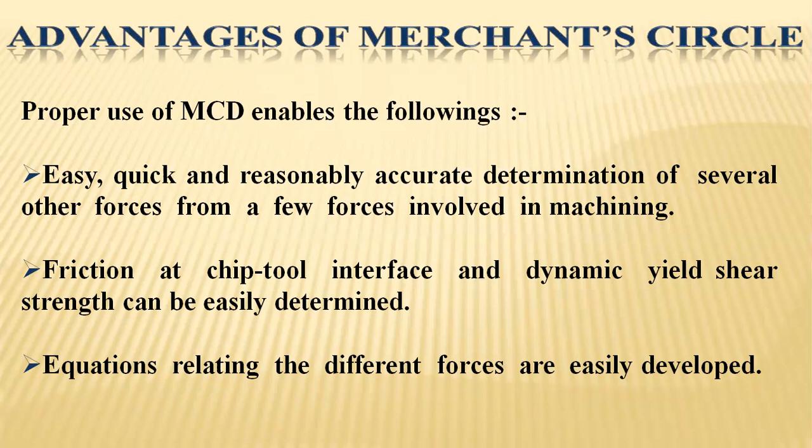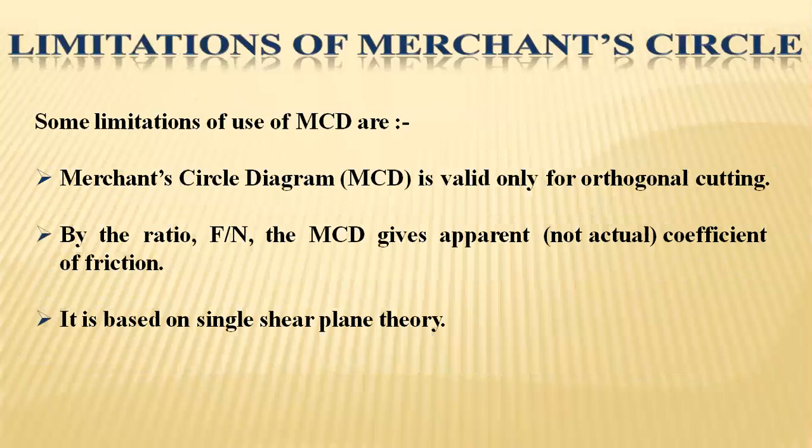The friction at the chip-tool interface and the dynamic yield shear strength can easily be determined. Even by these equations, we can relate one quantity to another. If only the cutting force and normal force are provided, we can obtain the resultant force, and the shear force can be examined clearly. That is the greater advantage of this Merchant circle diagram.